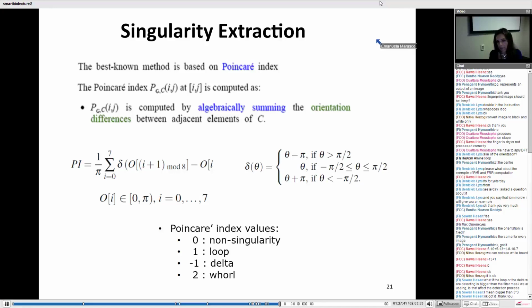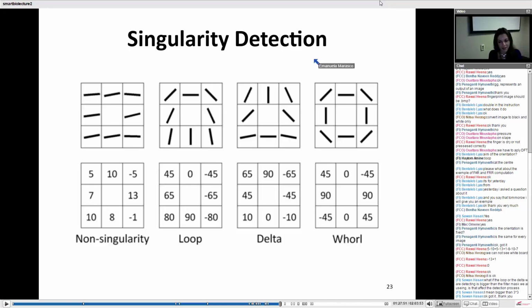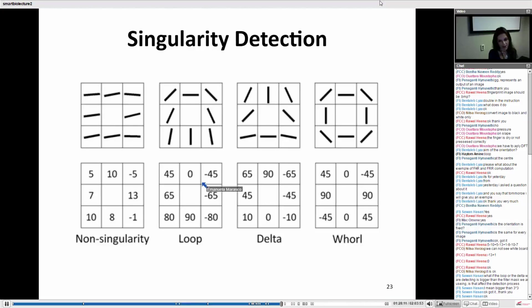So, and then these values are for a neighborhood of 3 by 3. So this is what we can say in the orientation. But yes, you can try and see what happens if you consider a bigger neighborhood. But especially in this example, the formula is for 8 neighbors, so we just consider even in the exercise only 3 by 3, right?